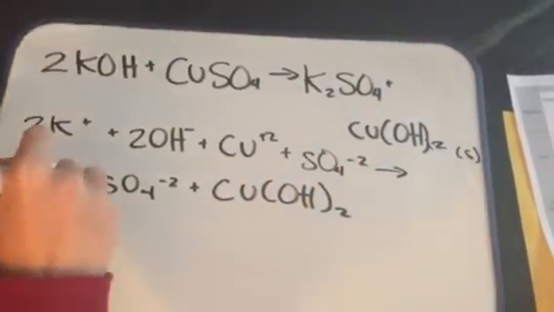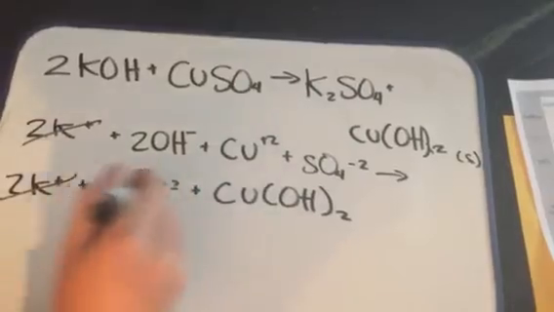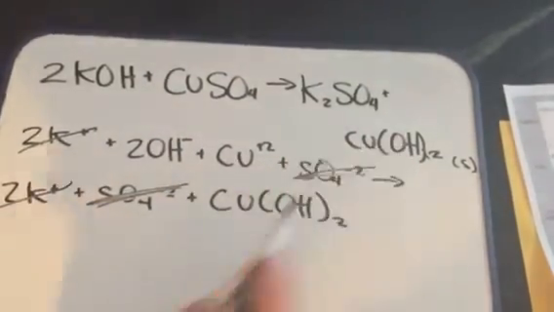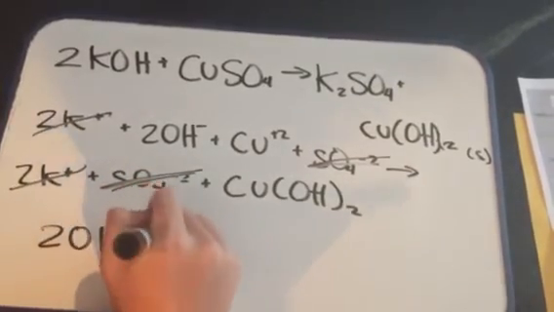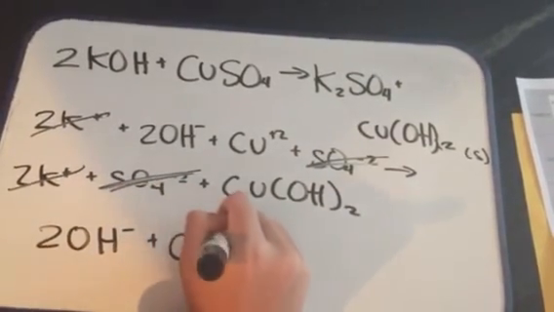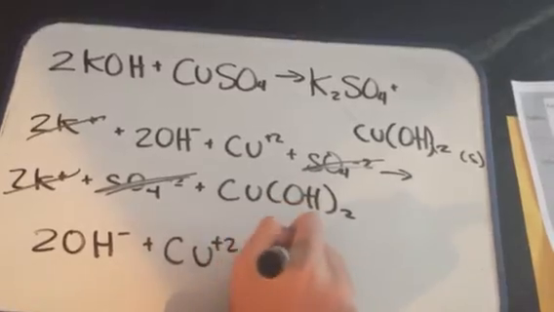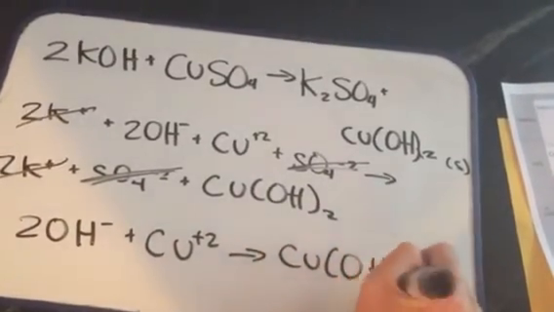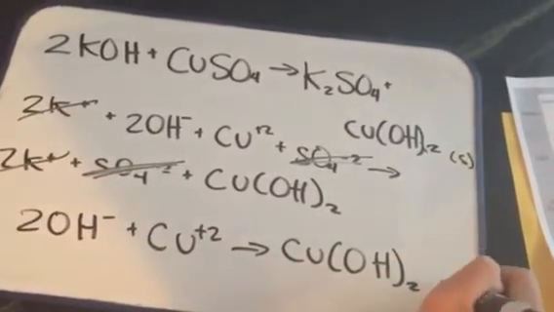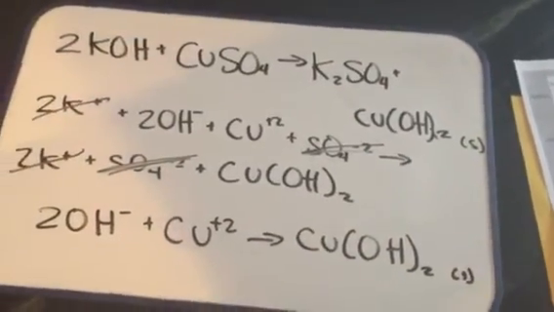And then cross this out, cross this out. 2OH minus plus Cu 2 plus goes to Cu(OH)2, solid. Awesome. So, what do you think?